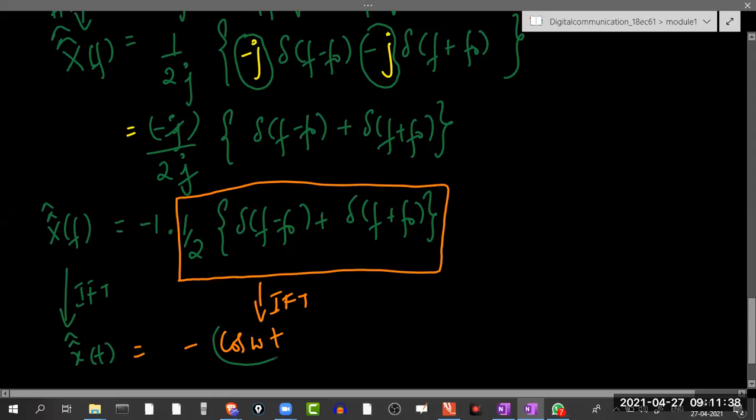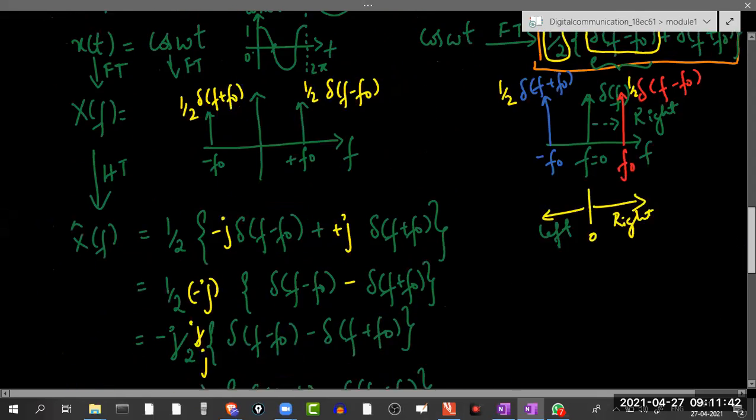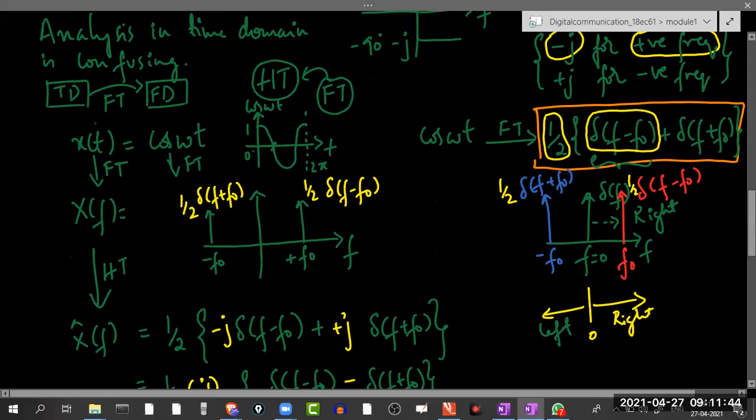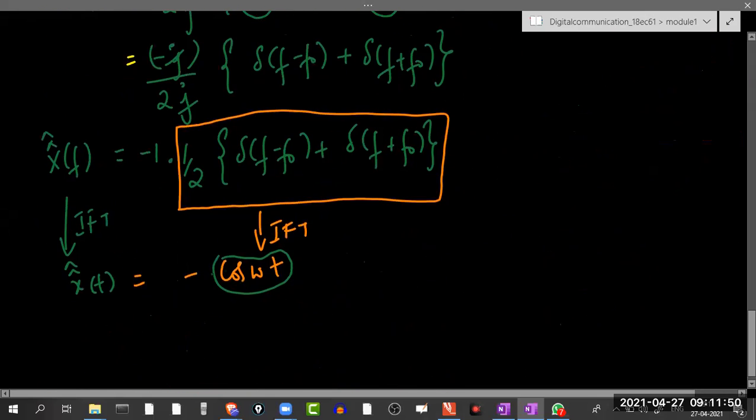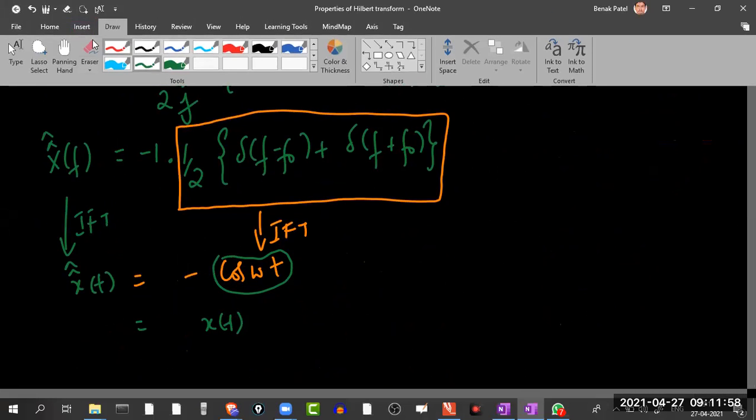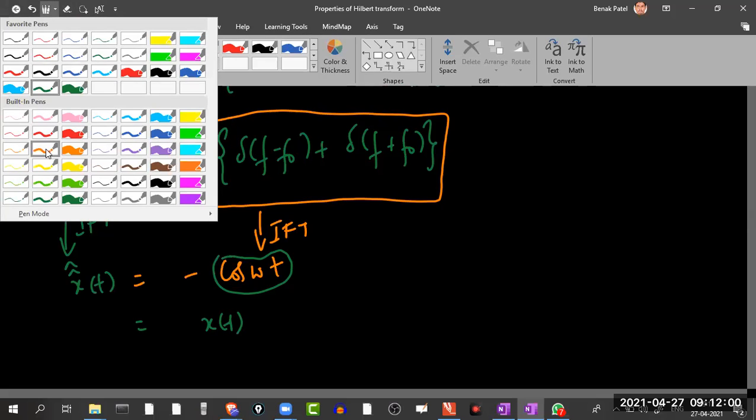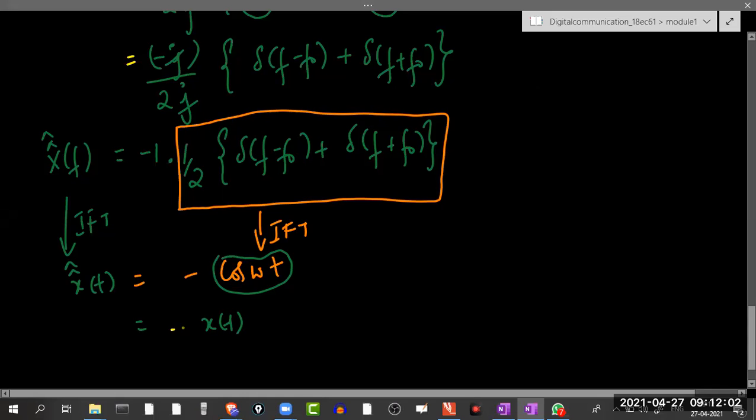So what is this cos omega t? We initially started off with this cos function, right? Cos omega t is nothing but x of t. So I can replace this cos omega t with x of t, along with this negative sign.